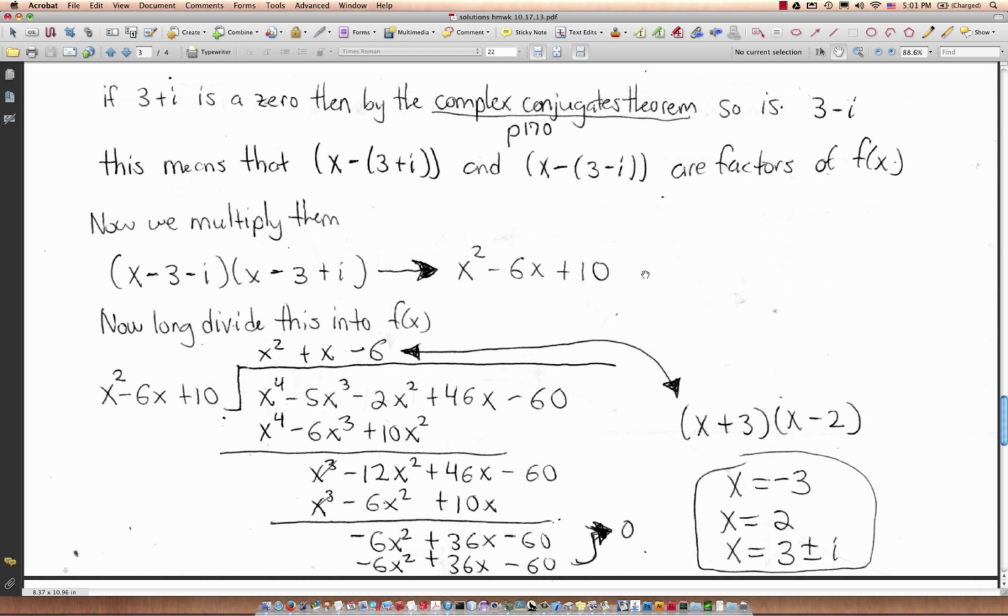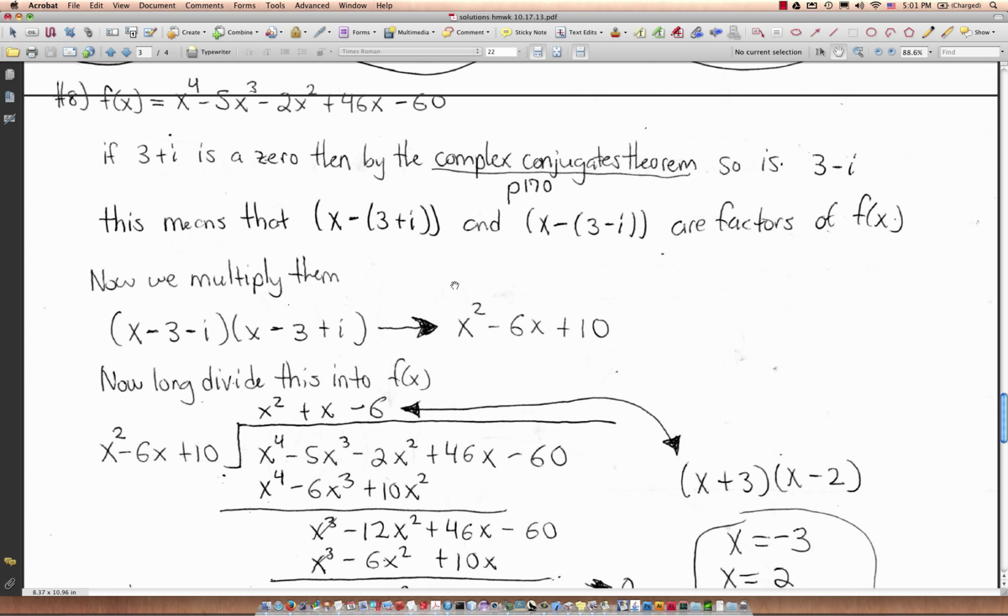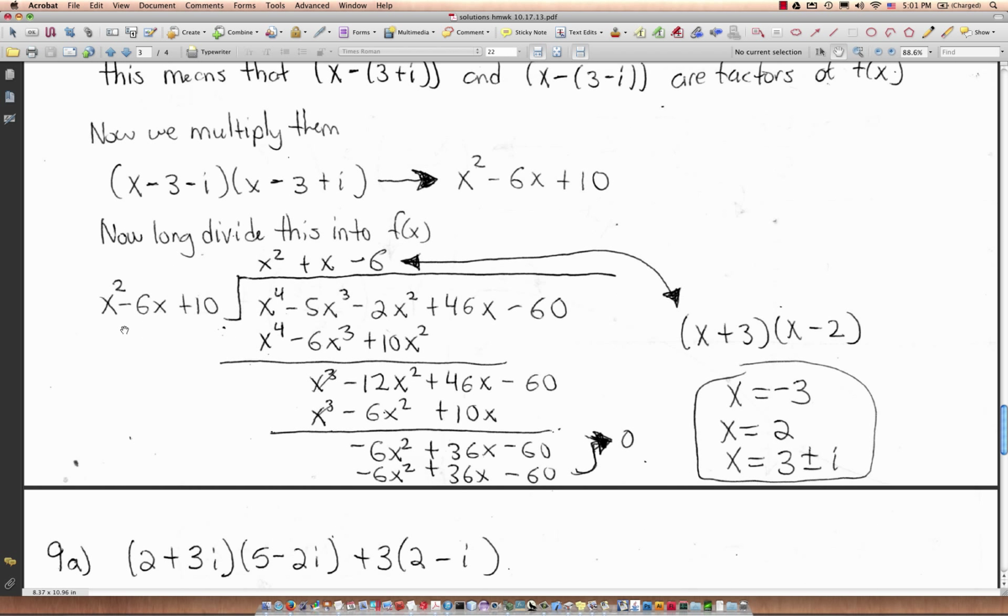And that means that this is a factor of the original function. So we can divide it. So we perform long division. We divide this into the function. x squared goes here. x to the 4th cancels away. We reduce that. Then we get x to go here. Reduces again.